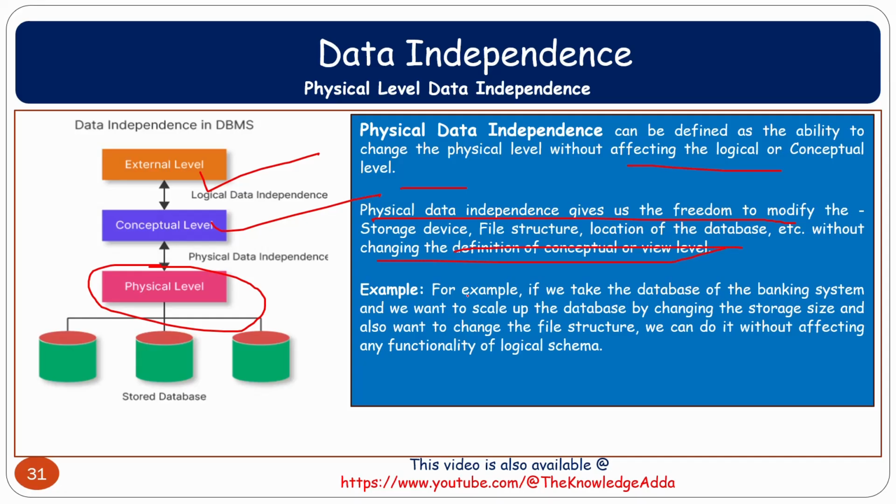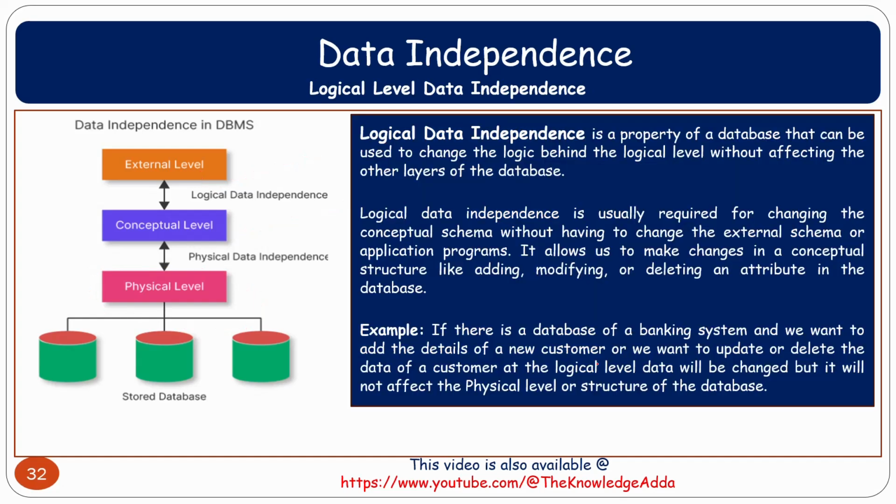For example, if we take the database in a banking system and we want to scale up the database by changing the storage size and also change the file structure, we can do it without affecting any functionality of the logical schema.